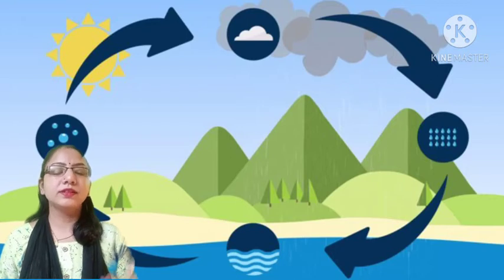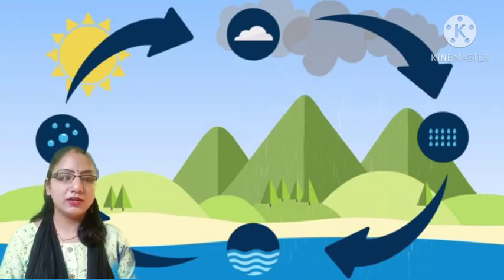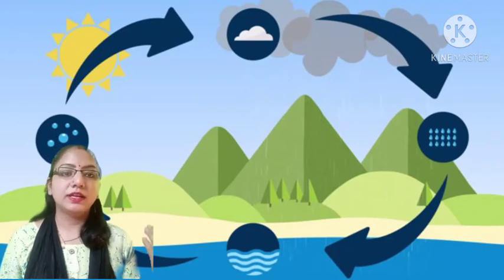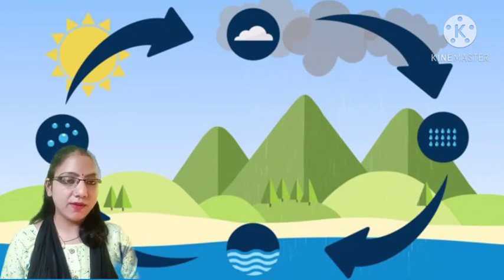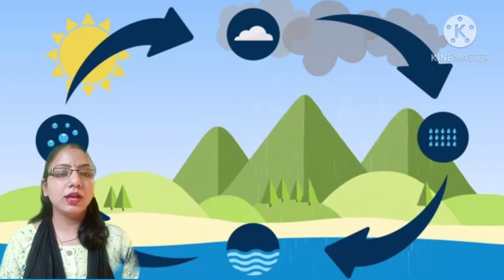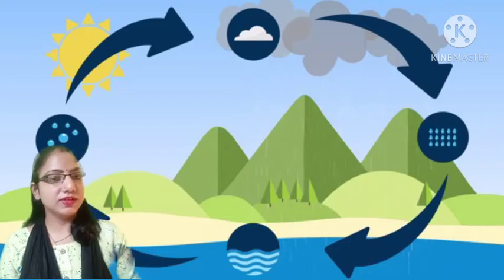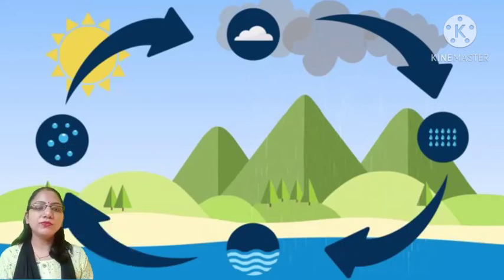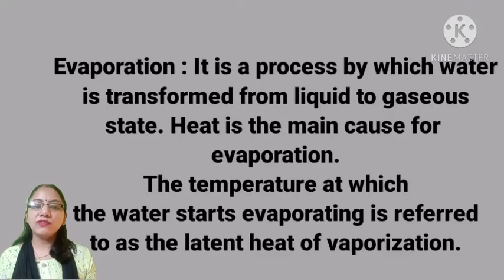So students, the water cycle, or we can say the hydrological cycle, moves on in three processes. These three processes are known as evaporation, condensation, and precipitation. First of all, we will see what is evaporation. The movement of free water molecules away from a water surface and into air that is less than saturated is known as evaporation.